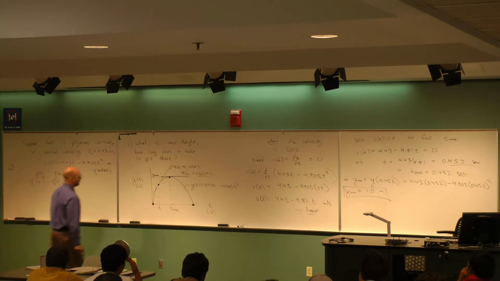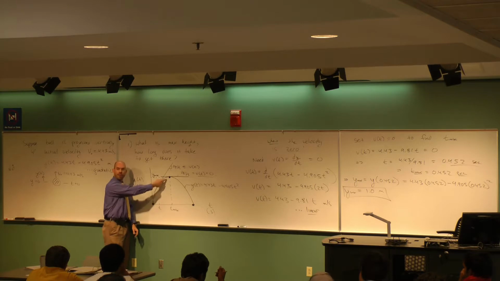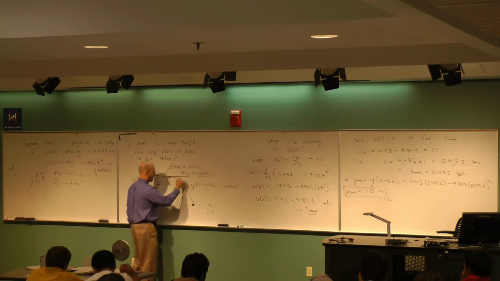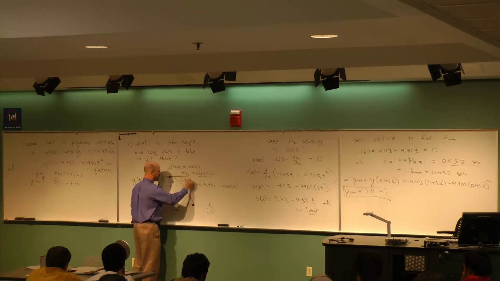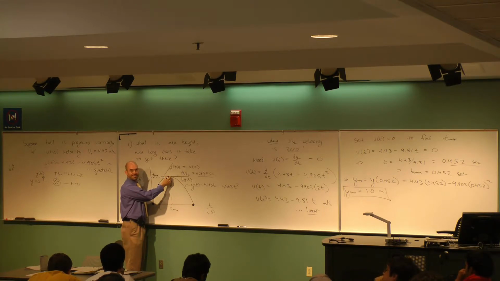So come on over here now. Here's the problem where y is 0 and I'm on the way up. If I come back over to here and start the problem over, y of t, how high am I? 1 meter, right? I'm still in free fall. What's my initial velocity? 0.